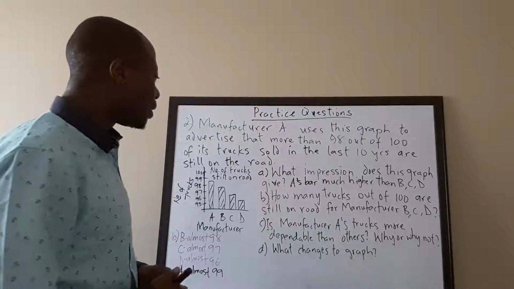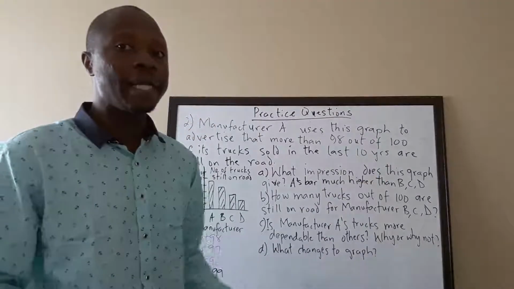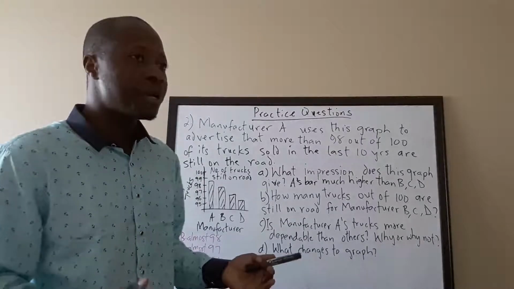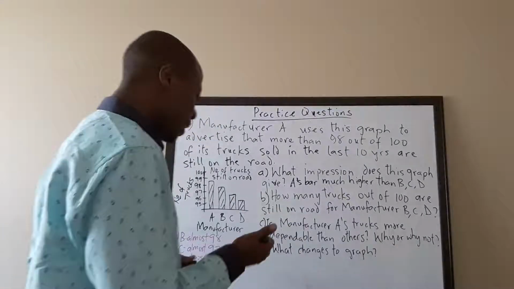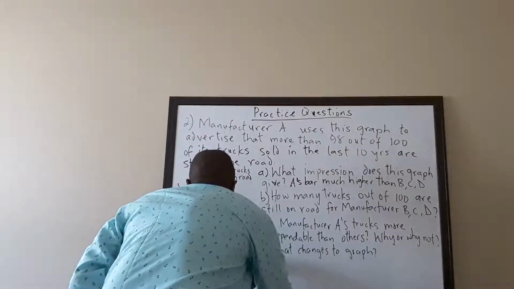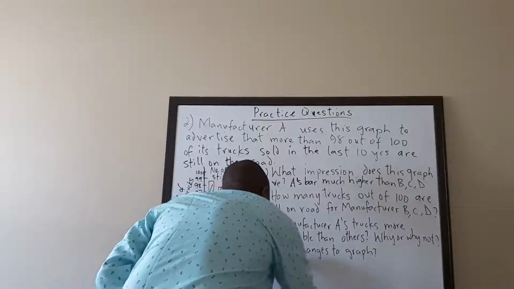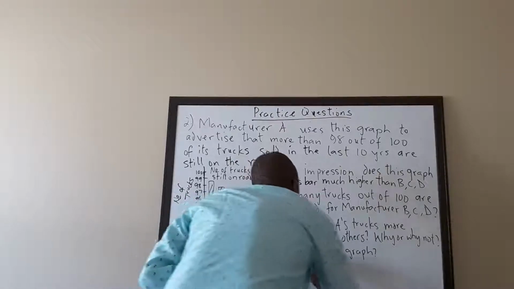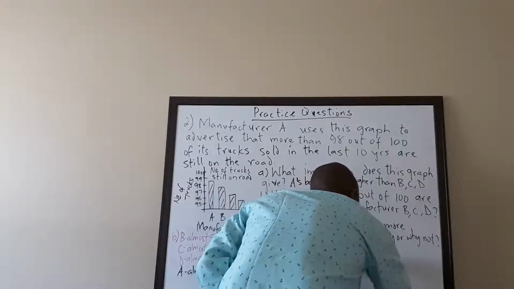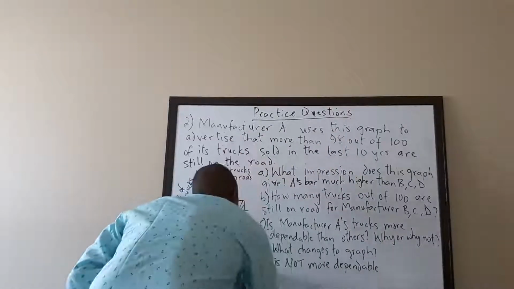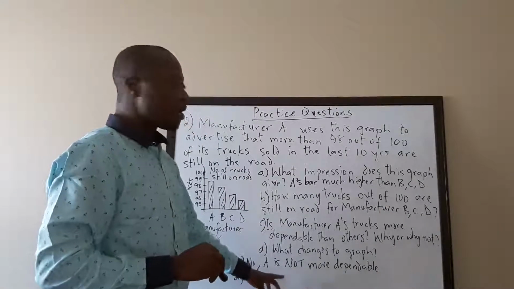So because of that, we can say that manufacturer A's trucks are not more dependable than manufacturer B, C, and D. So let's write that down. For number C, A is not more dependable. So manufacturer A's truck is not more dependable.